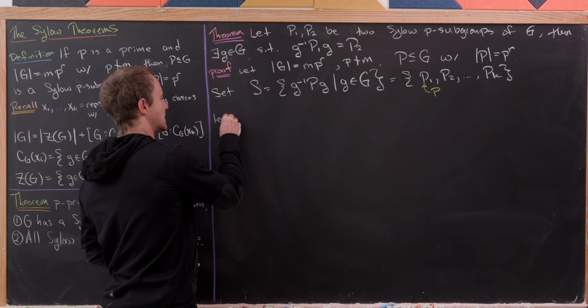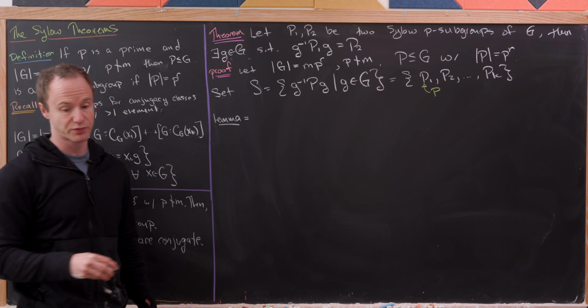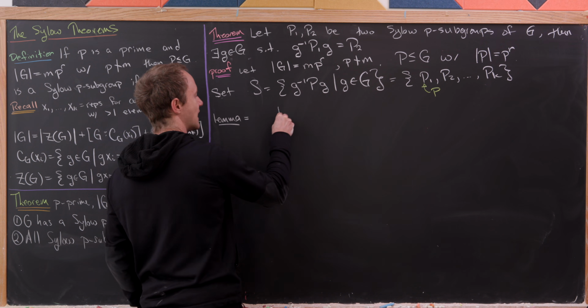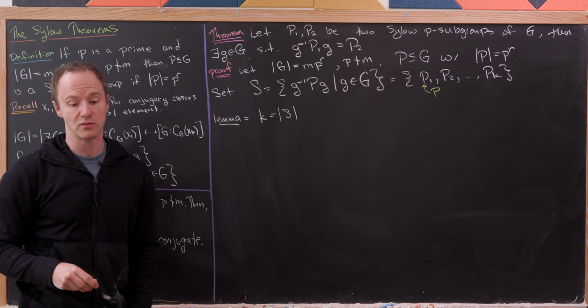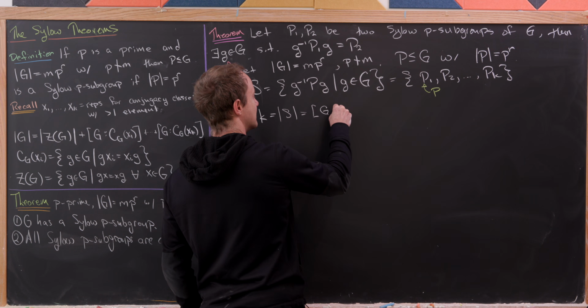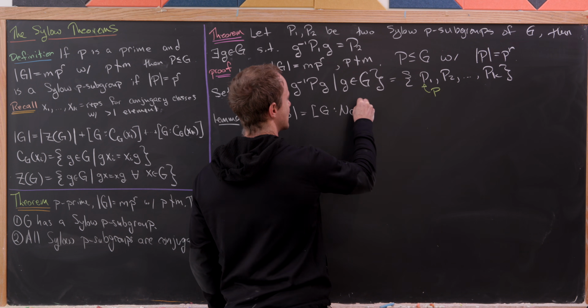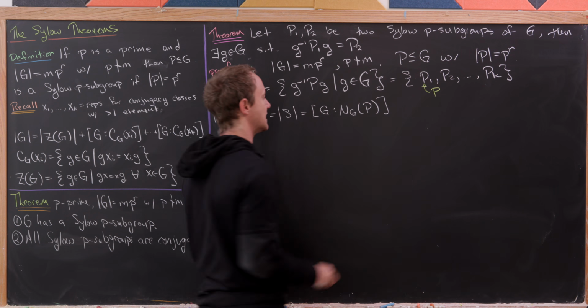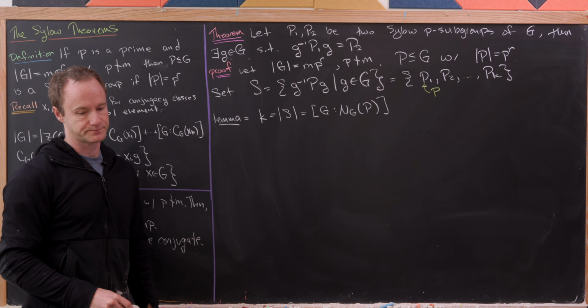And now let's observe that a previous lemma, one of the two lemmas that we just proved, shows that the order of S, which is equal to k by the way that we have enumerated it, is equal to the index of the normalizer of P inside of G. Okay, cool.